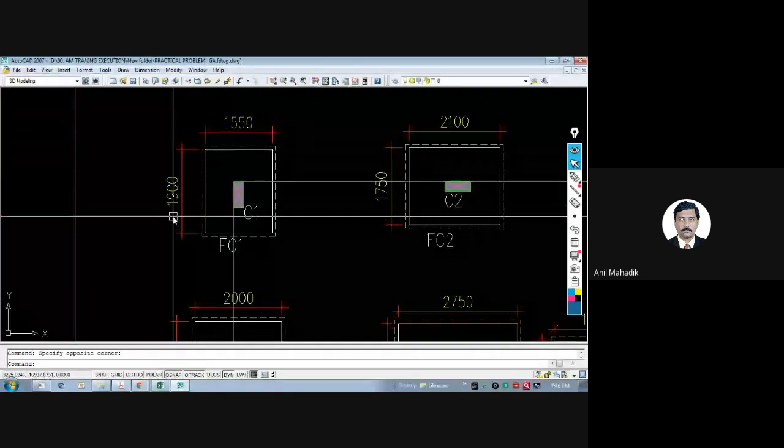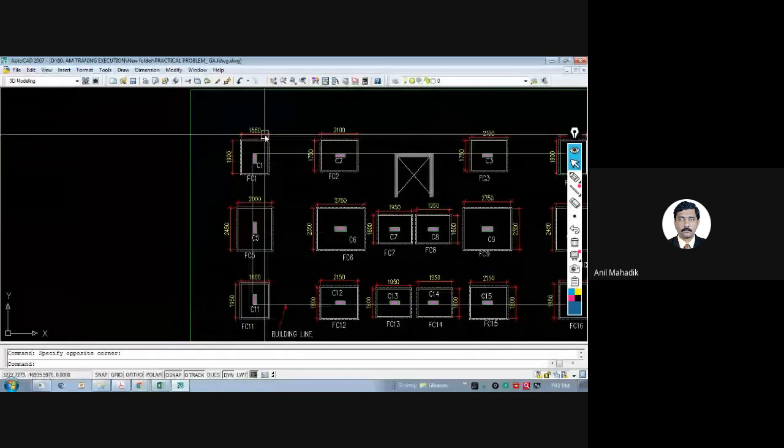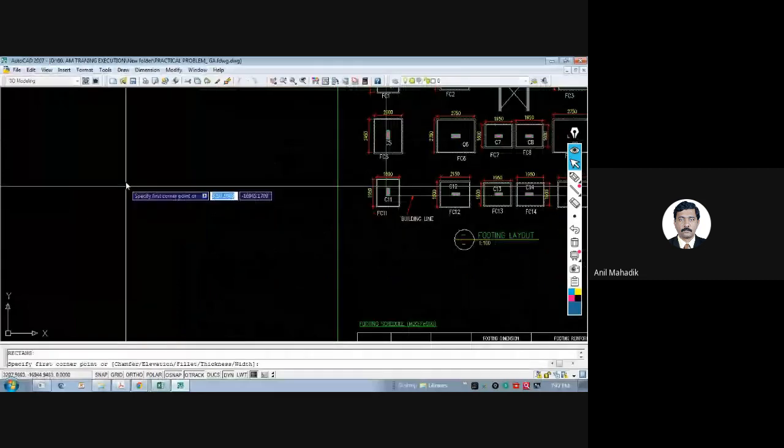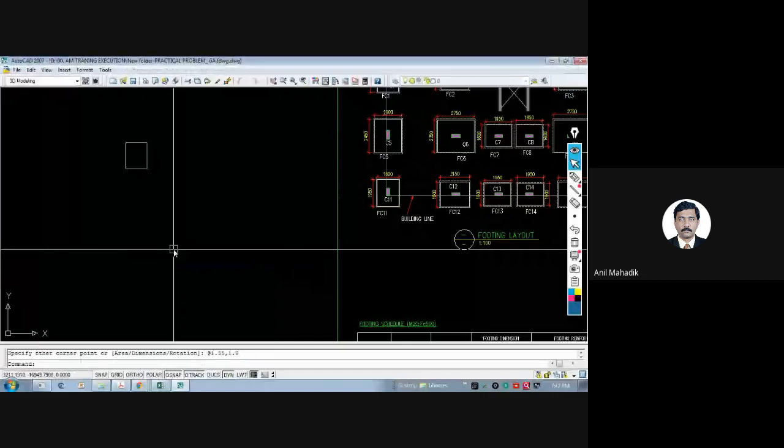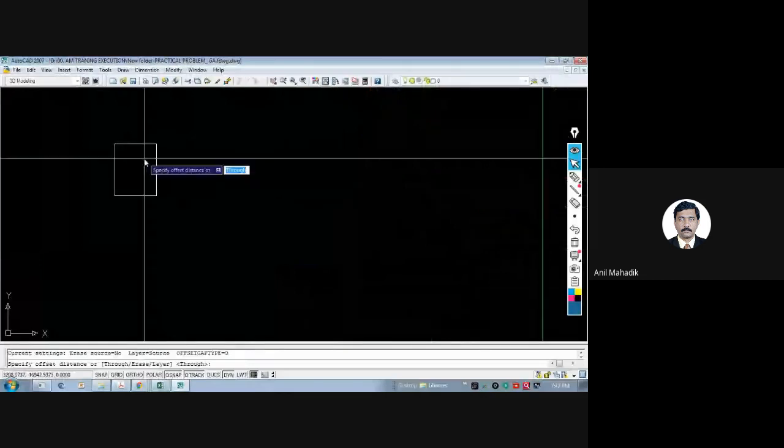So 1900 by 1550. Either you can draw this like this, and then draw this. Then you give the offset. So this is also one way. This offset is generally 100.